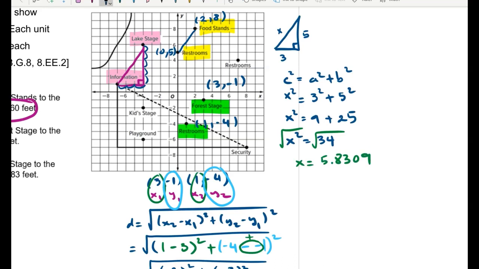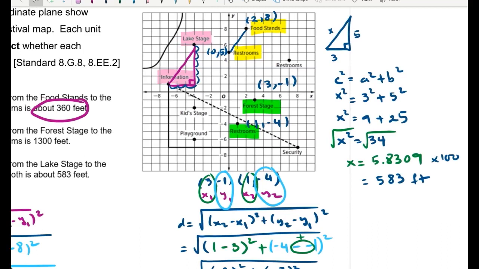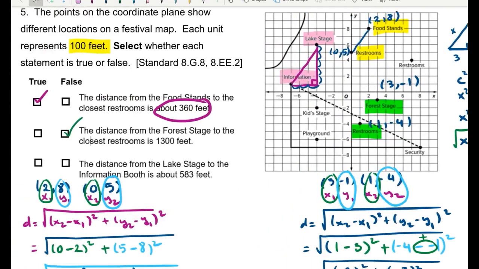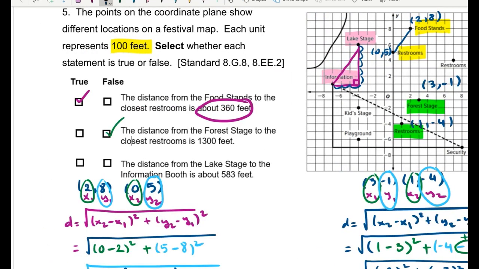Again, we multiply it by 100, and that will give you 583. It's about 583 feet. You can use the other two methods for this one and check my answer. They say the distance from the lake stage to the information booth is about 583 feet, so this is a true statement.